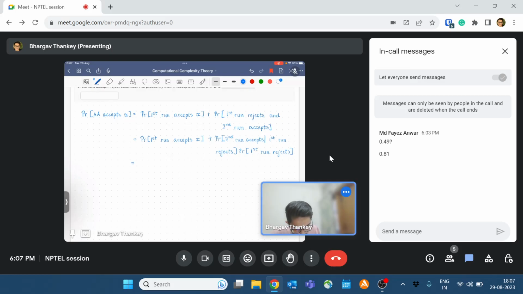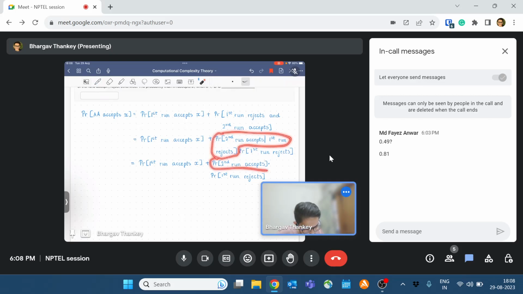Now my claim is that I can write just the probability that the second run accepts. Why can I change this?